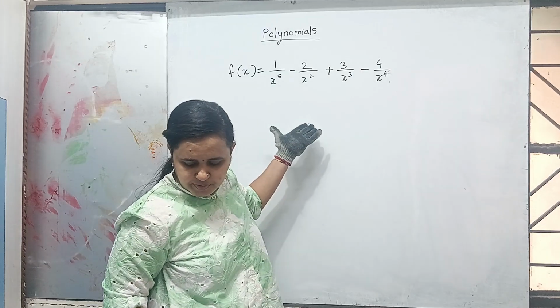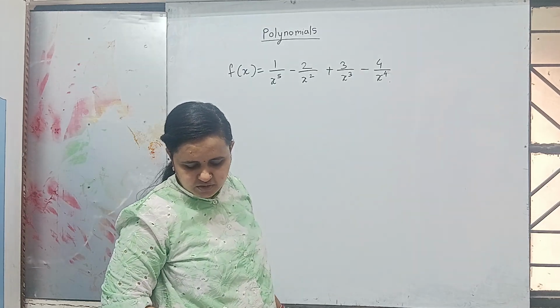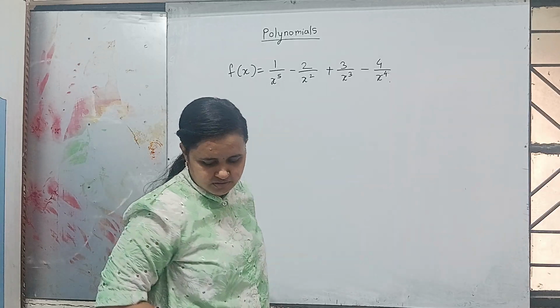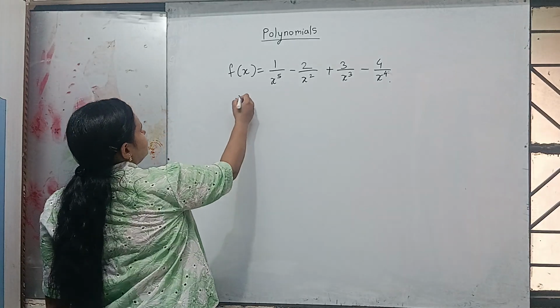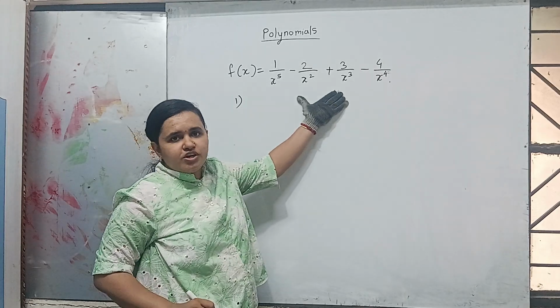This expression should be multiplied with the least degree term to make it a polynomial. Which will be the least degree term, so we can convert it into a polynomial.